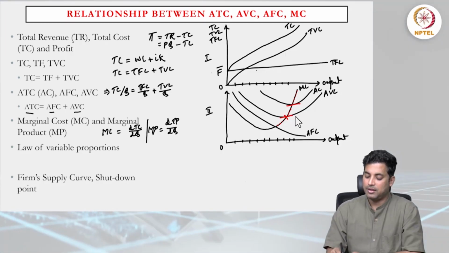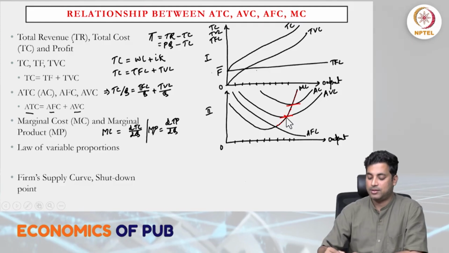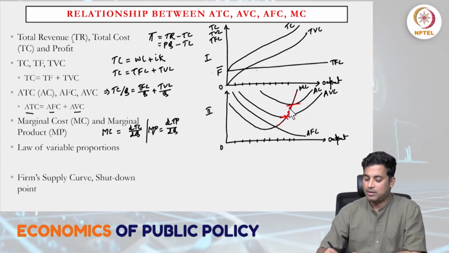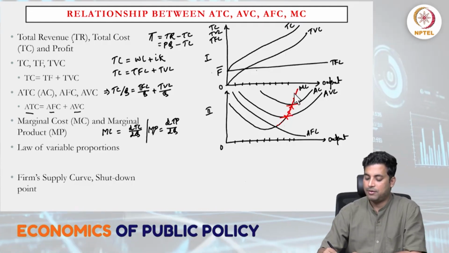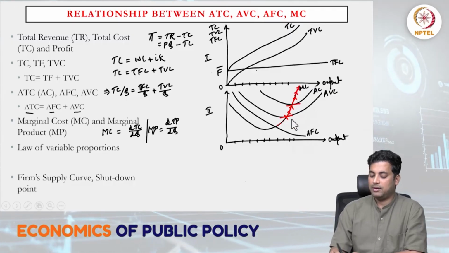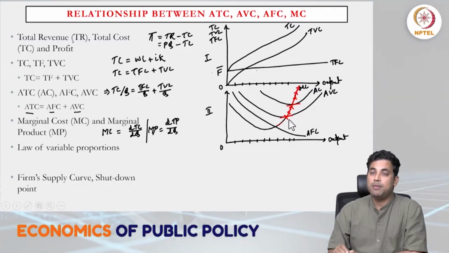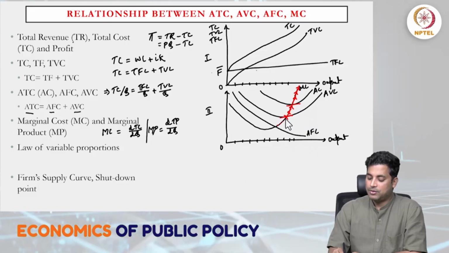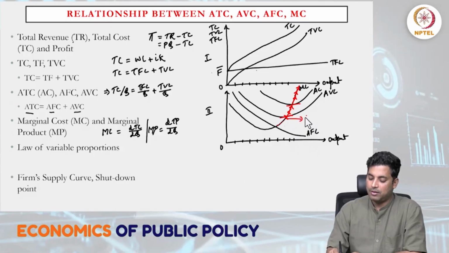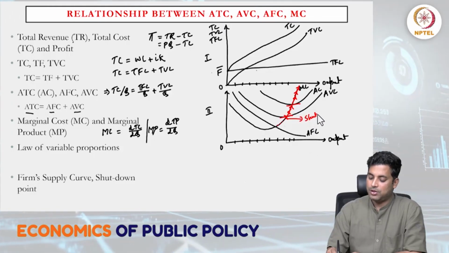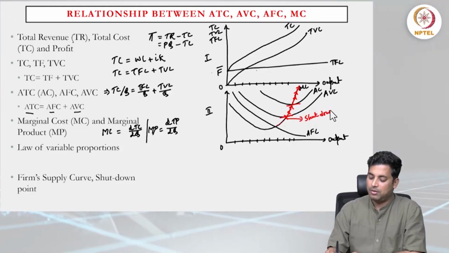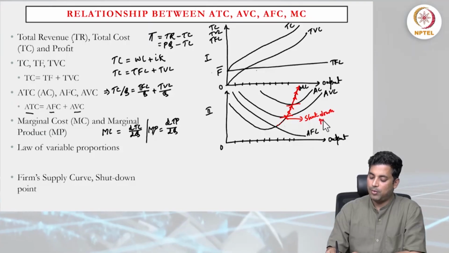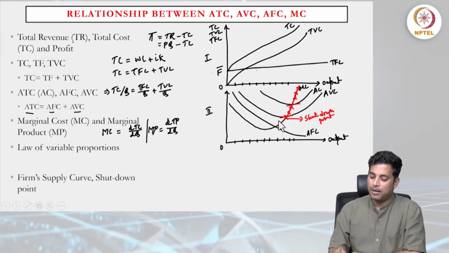So this point where the marginal cost curve is cutting the minimum point of average variable cost is called the shutdown point for the firm.